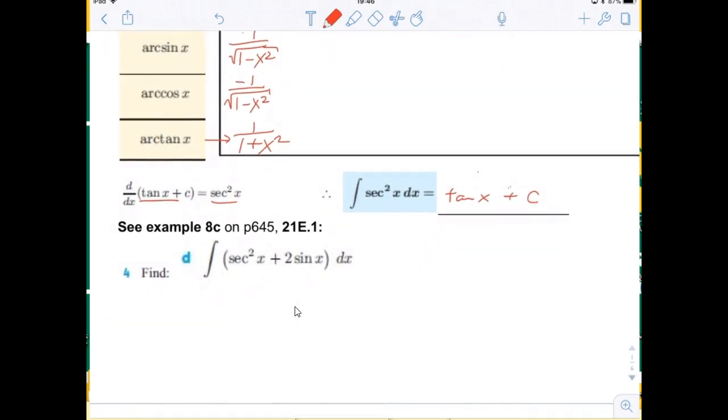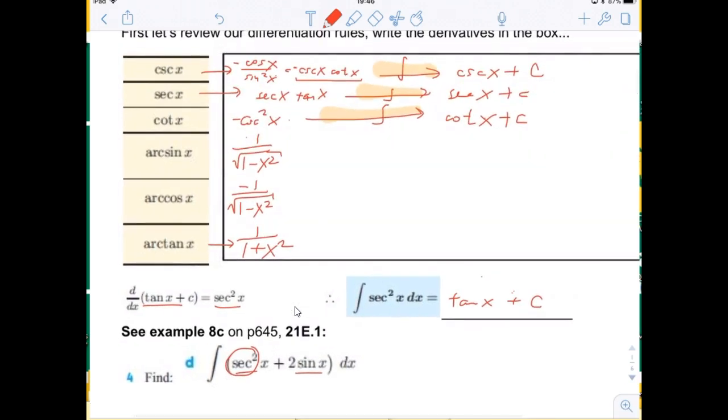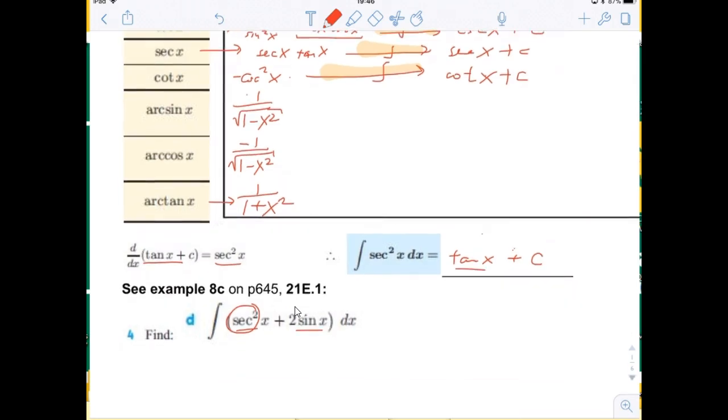And then finally we're going to do this problem, number 4. We're going to find the integral of these two here, and we just saw that the integral of secant squared would be tangent x, right? And what about sine?